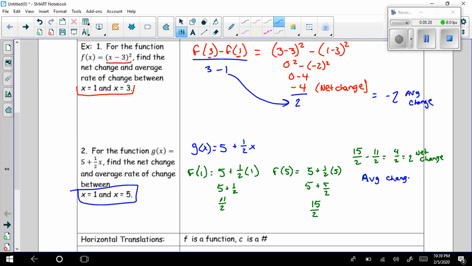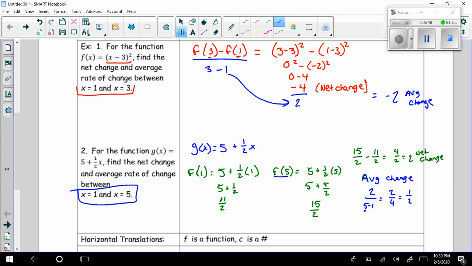We're going to then take that 2 and put it over the difference in our x's. So we have 5 minus 1. So 2 over 4, which reduces to 1 over 2. And I put the 5 first in case you're wondering why.